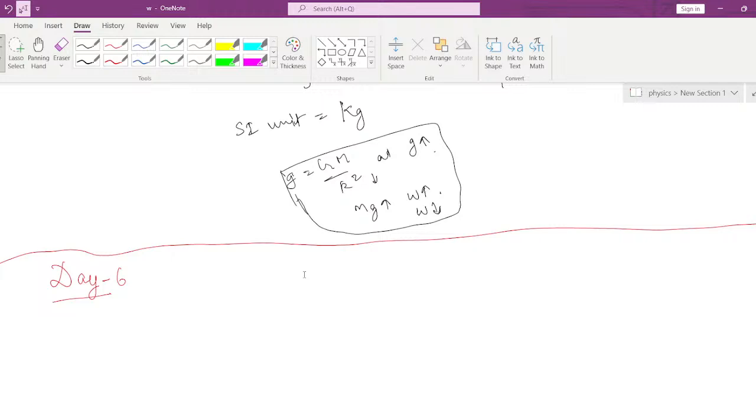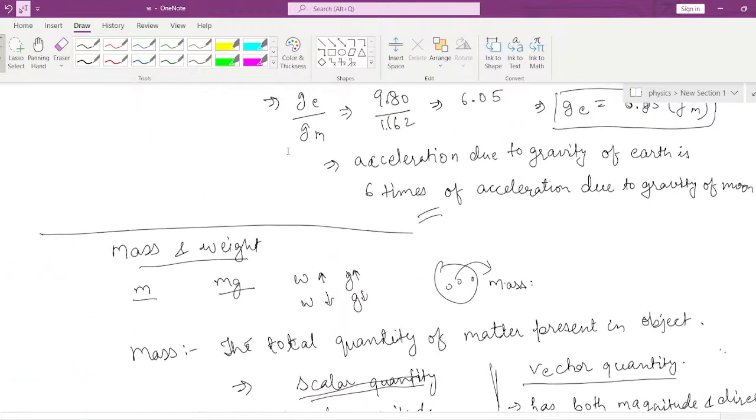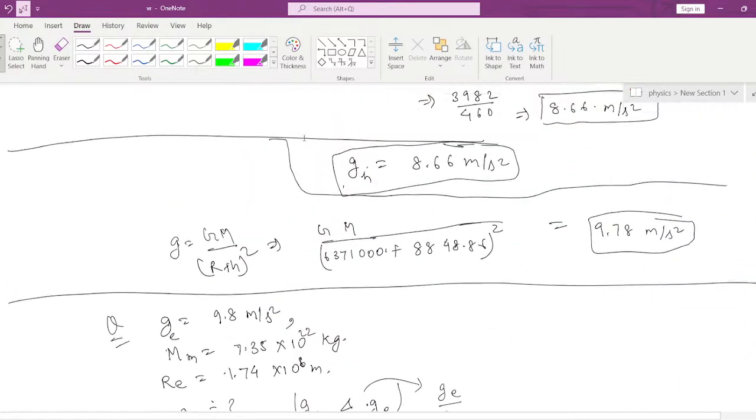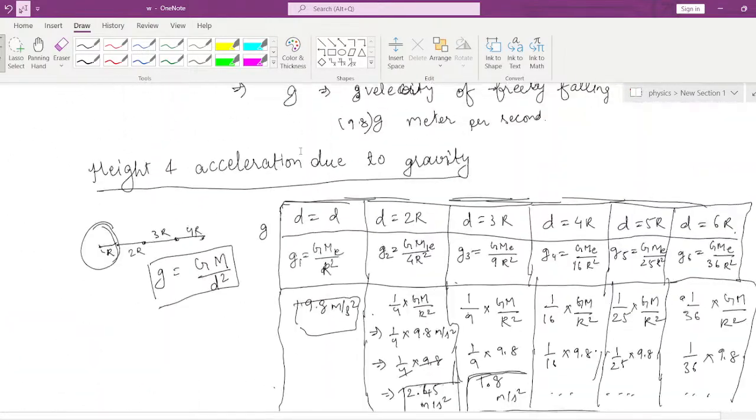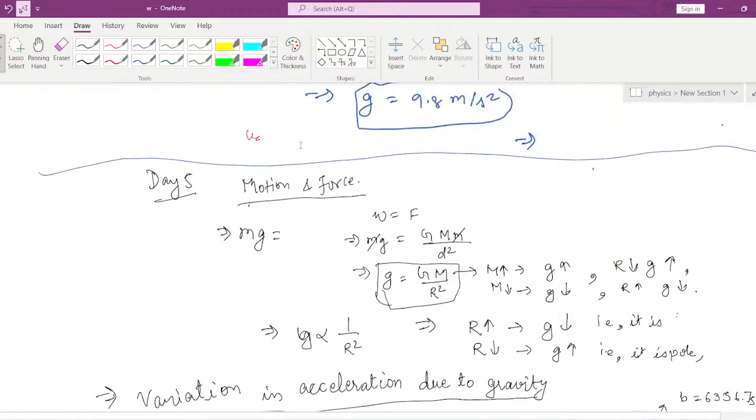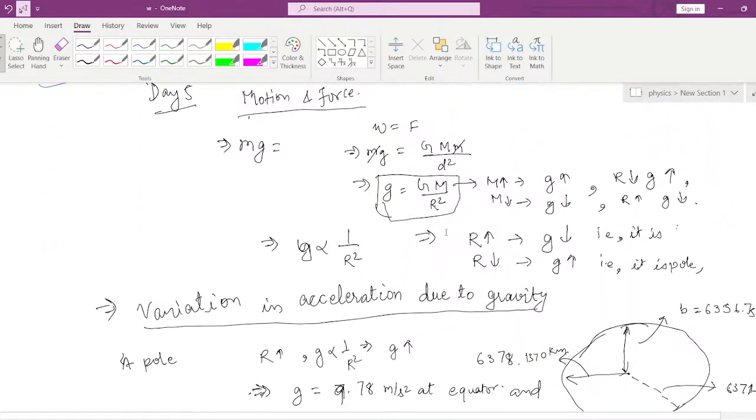In previous classes, we have studied so many things. We have seen how g is related to mass and radius, or we can say the distance between the two objects.